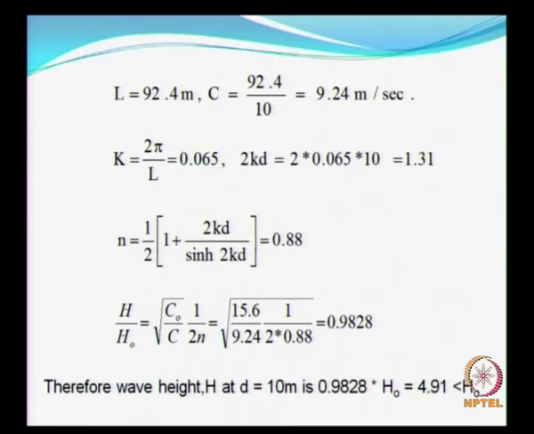From this you get the ratio of H to the deep water wave height. Is that clear? Here it is 0.98. Therefore the wave height in a water depth of 10 meters works out to 4.91 meters. What was the deep water wave height? 5 meters. This is what you get for this kind of wave period and this assumption of parallel water depth contours.